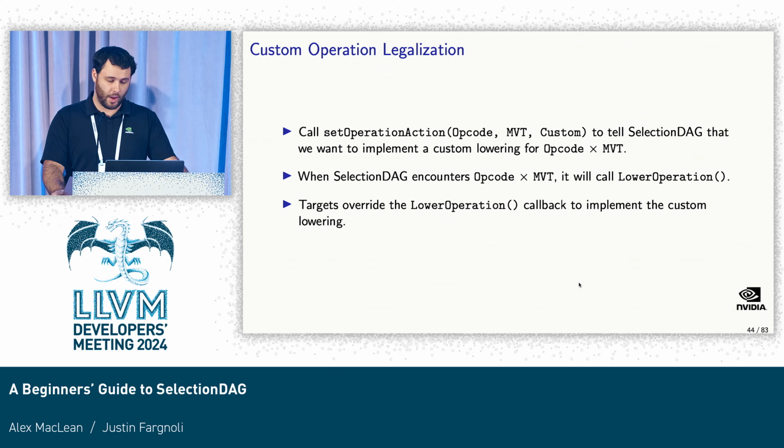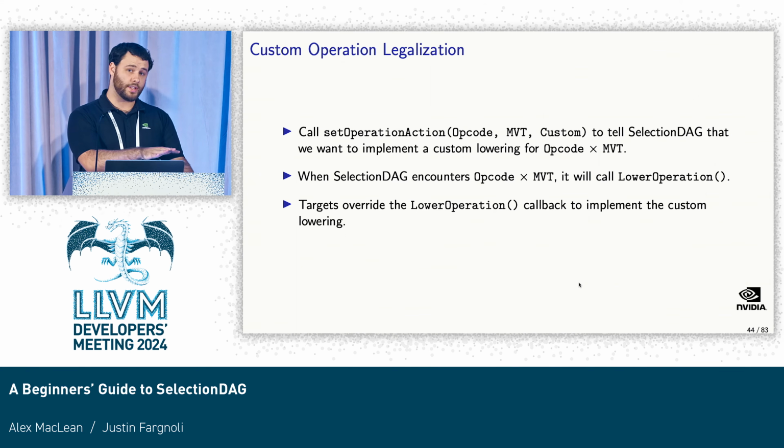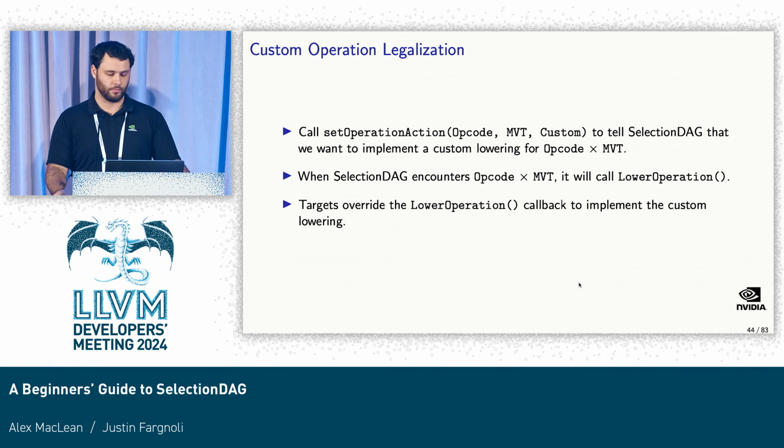We can call setOperationAction for an opcode and MVT, specify custom, and that tells SelectionDAG that we want to implement a custom lowering for that opcode and MVT. When SelectionDAG encounters that opcode and MVT, it will call the LowerOperation function. And targets can override LowerOperation to implement their custom lowering.